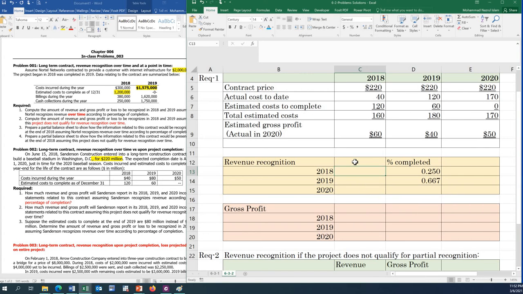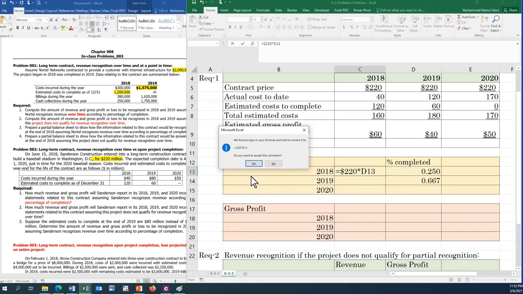So now in 2018, our revenue would be equal to this one multiplied by this.